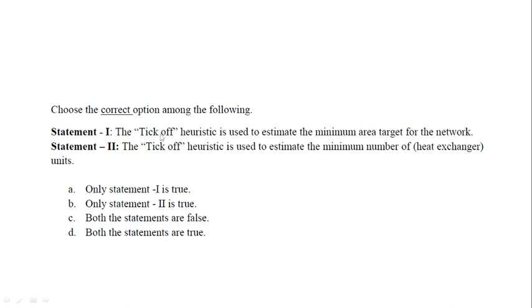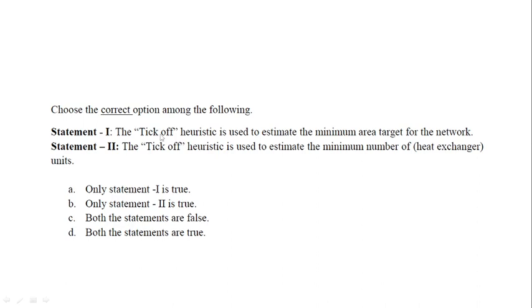Statement 2, the tick of heuristic is used to estimate the minimum number of heat exchanger units. The options are: option A, only statement 1 is true; option B, only statement 2 is true; option C, both the statements are false; and option D, both the statements are true.